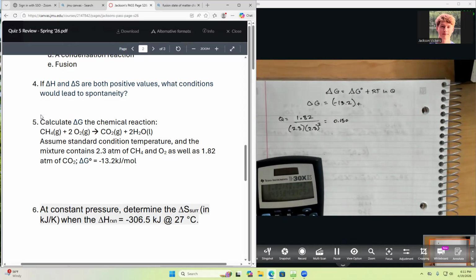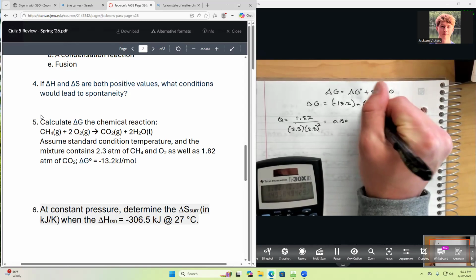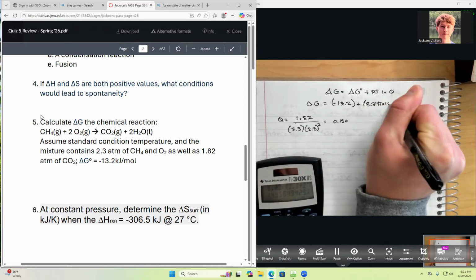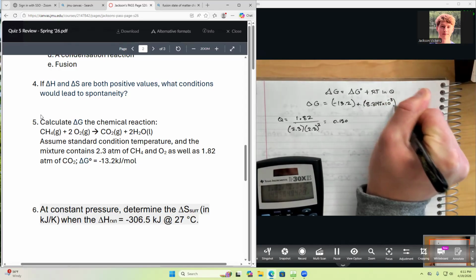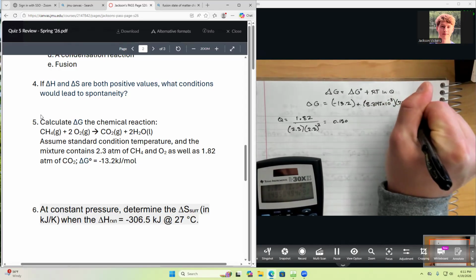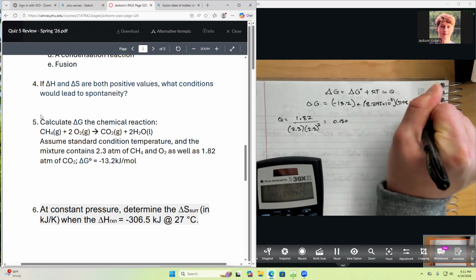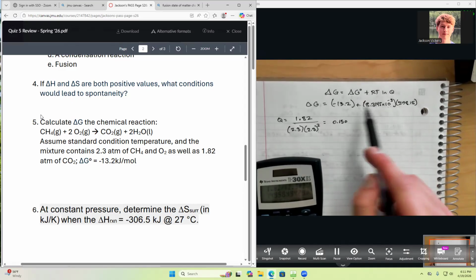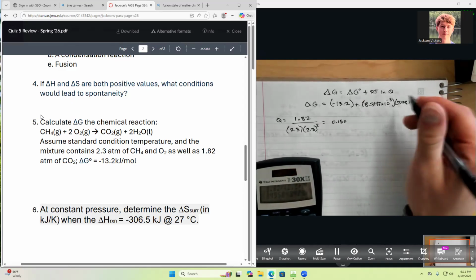And now we get to use R and T. So R is 8.3145, but we're using kilojoules. So we're going to have to turn that into 0.008 point 3145, whatever. So I'm going to write that as 8.3145 times 10 to the negative 3 times T. And again, that's in Kelvin, so 298.15, once we turned it into kilojoules, times ln of 0.15.